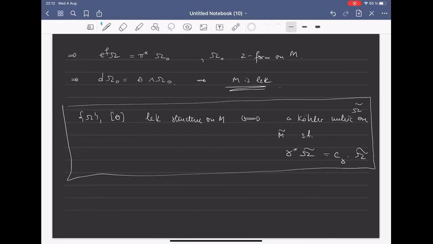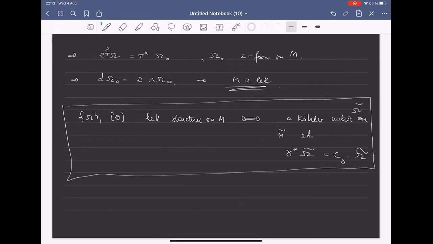And this will be our main tool to build LCK metrics on manifolds. We will build actually Kähler metrics on the universal cover that have this property, and therefore we will deduce that the manifolds that we are interested in carry an LCK metric.